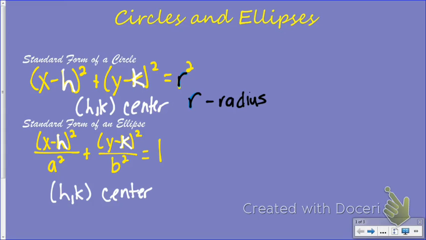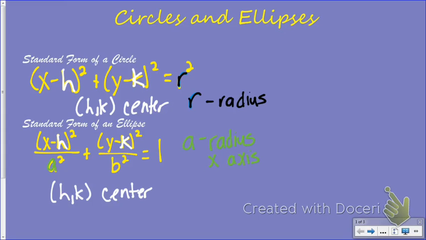Then if you look, that a, it's squared on the equation, but the actual a is underneath the x, so the a is the radius of the x-axis. So it's how far away from the center you go in the x direction.